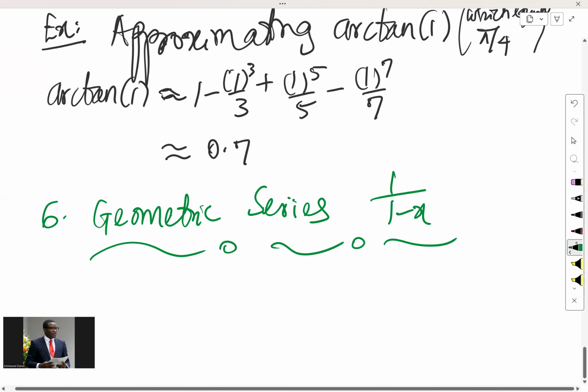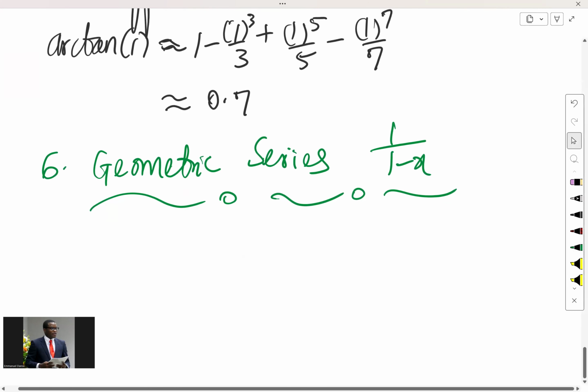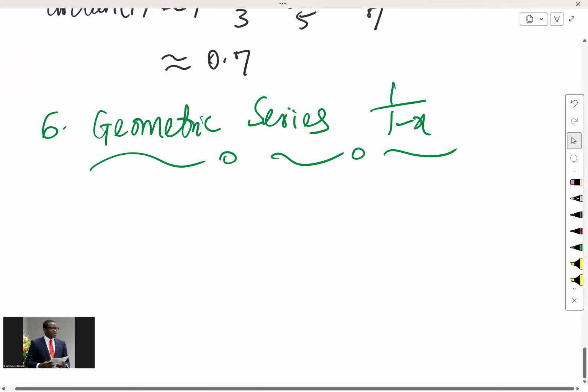I made a connection between the geometric series and sum to infinity, and that is what led to 1 over 1 minus x. So in this case, you have 1 over 1 minus x. That's the same thing as 1 minus x raised to power minus 1.